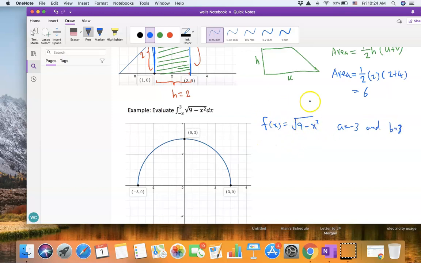So if we graph this function, the graph will be a semicircle like this. So the region bounded between this graph and the x-axis, and bounded by these 2 points, x equals -3 and x equals +3, will be this semicircle.